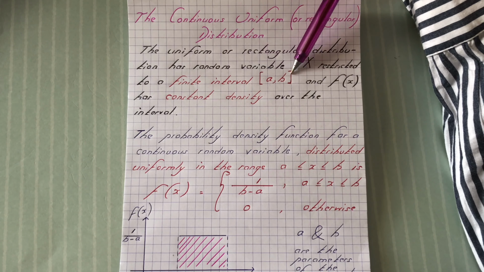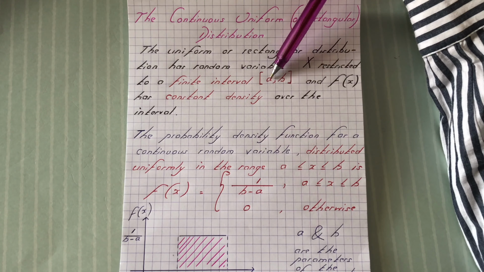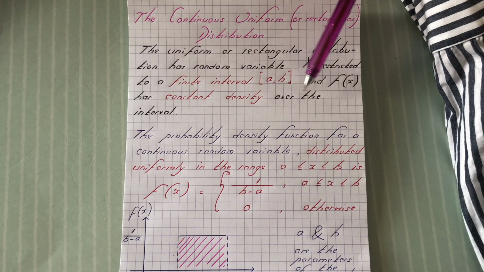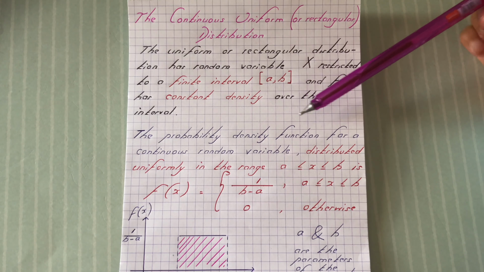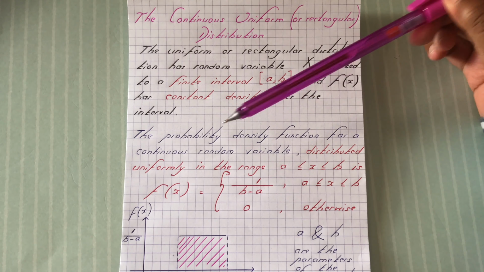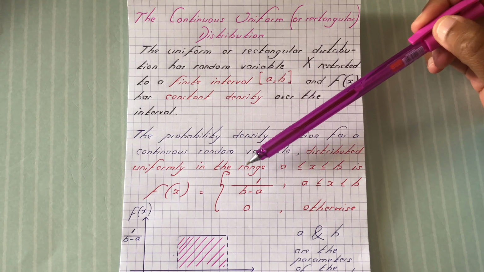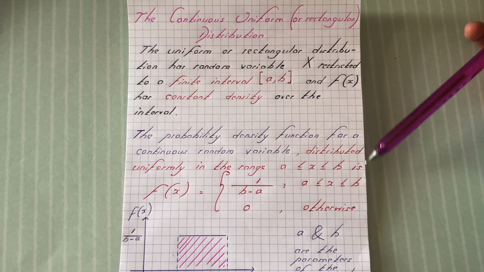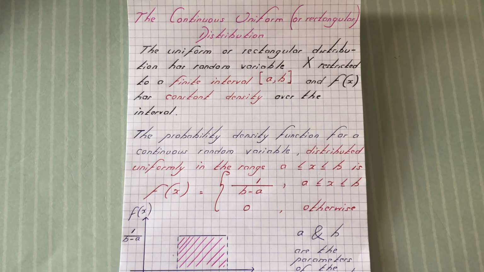The square brackets represent a closed interval where a and b are included, and f of x has constant density over the interval. The probability density function for a continuous random variable distributed uniformly in the range x lies between a and b inclusive is 1 over b minus a, and 0 otherwise.